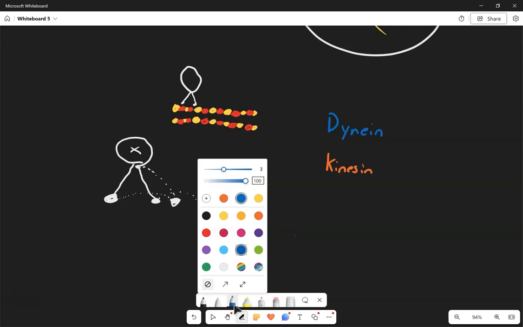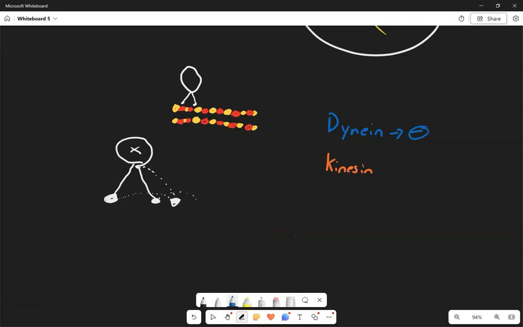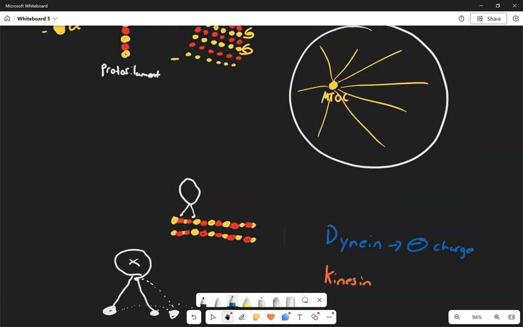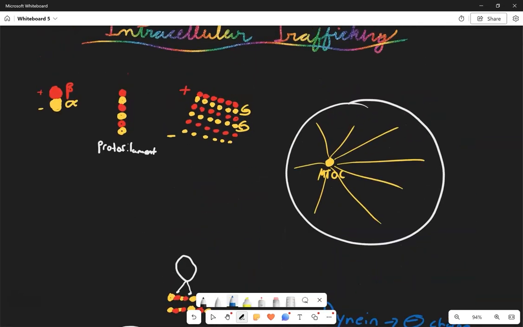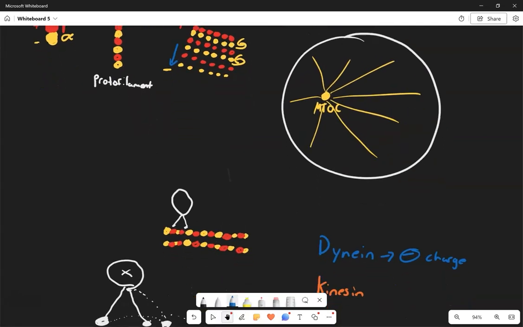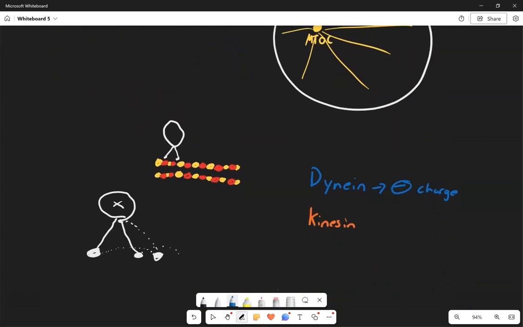So dynein is going to move towards the negative charge. Okay, so remember that microtubule has a positive end. Let's go back up here, right? It has a positive end and it has a negative end, right? So our dynein is going to move in that direction, right? So dynein will move in that direction, okay?